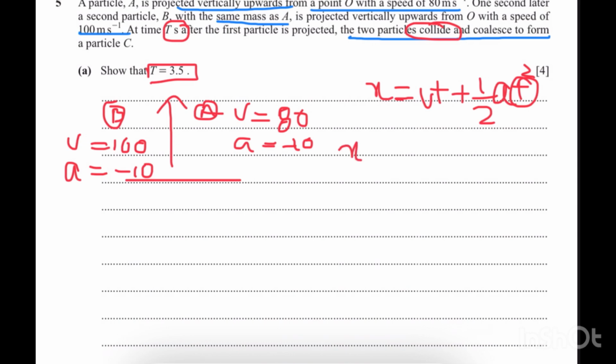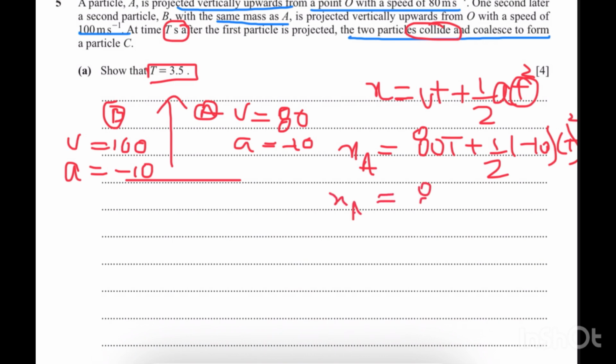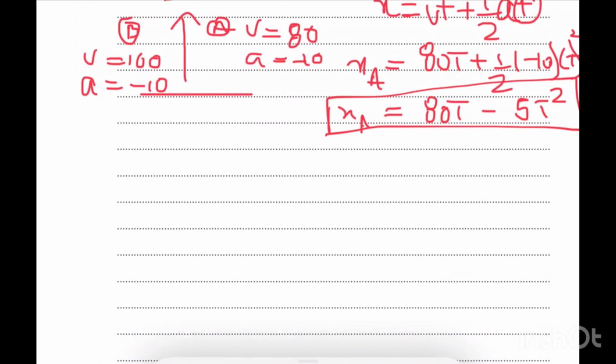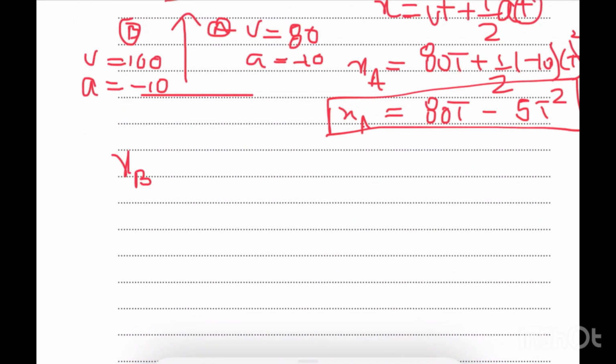For particle A, the initial speed was 80, so this will be 80t plus half times minus 10 t squared. This simplifies to 80t minus 5t squared.